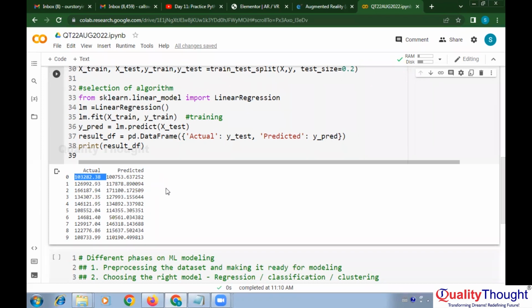This minus this, absolute value. So you find the absolute value for all these 10 rows, then take the mean. Mean means average. So one metric is the mean of absolute deviation. That's called MAD, or here it's called MAE, mean absolute error.